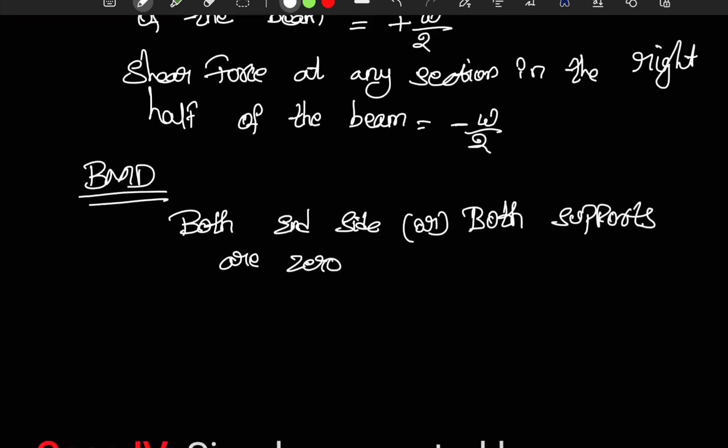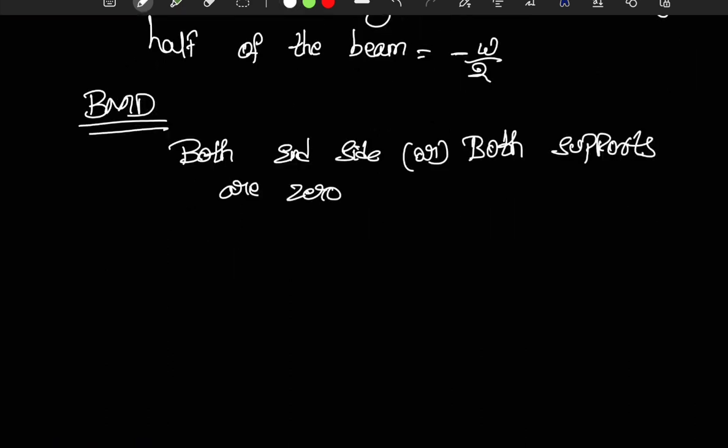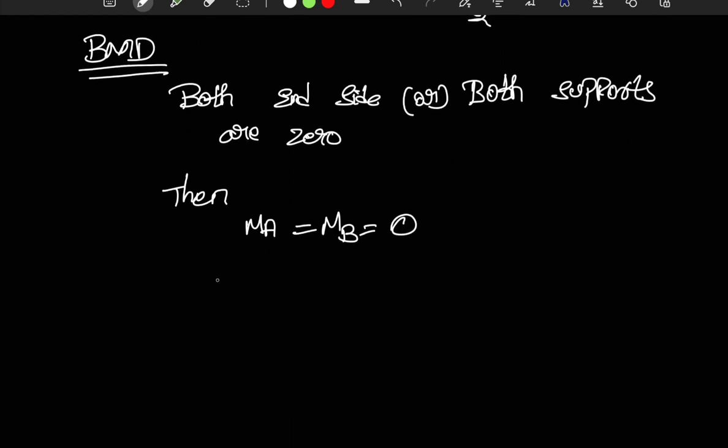Then MA is equal to MB is equal to 0. We only need to find the bending moment at the center, MC. MC is equal to W by 2 into L by 2 is equal to WL by 4. It is sagging.